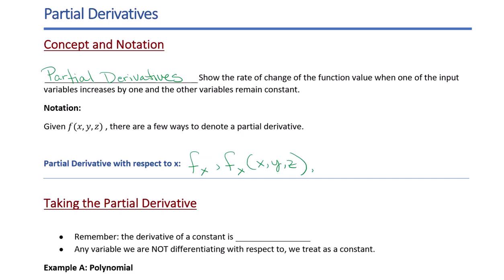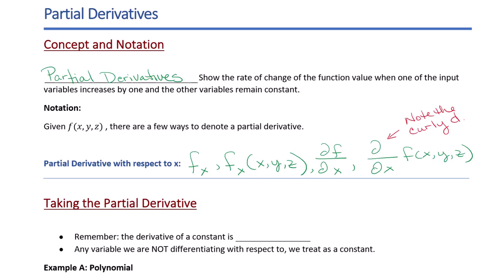They may say a partial derivative of f with respect to x, or partial derivative of f of x, y, and z with respect to x. One thing to note here is they are using what I would call just a curly D to denote partial derivatives.